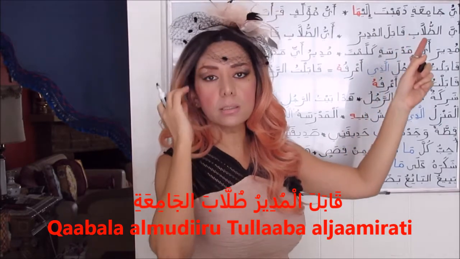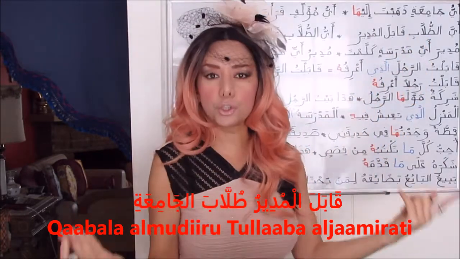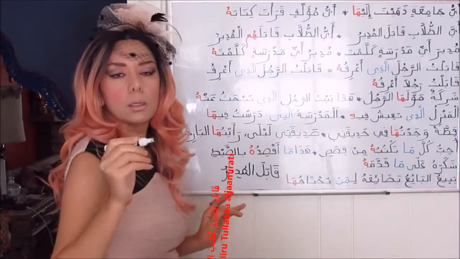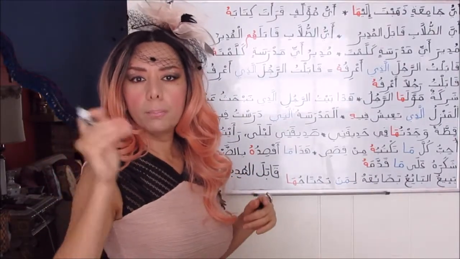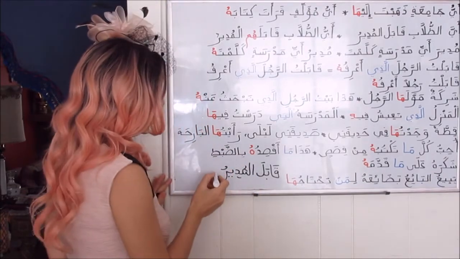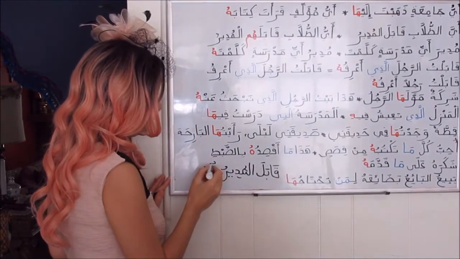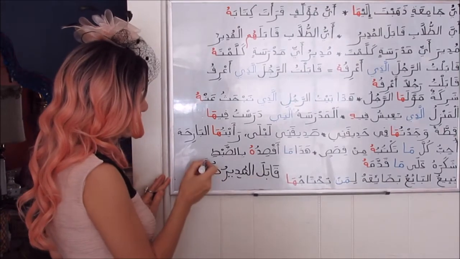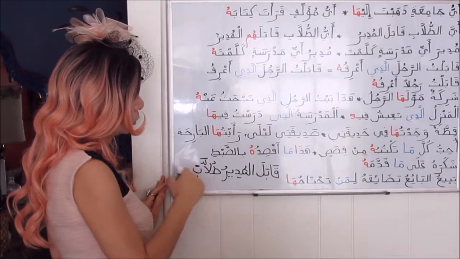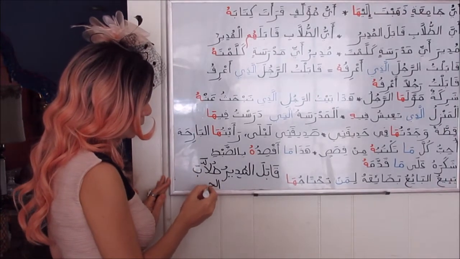So we are asking about which students. So قابل المدير, let's say the principal met university students. طلاب, and see here, this is the object of the verb قابل. طلاب in the accusative طلاب الجامعة.